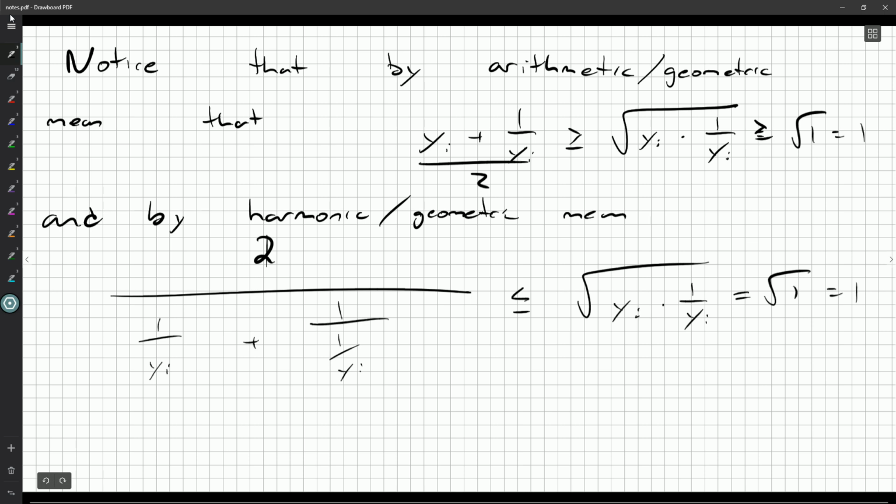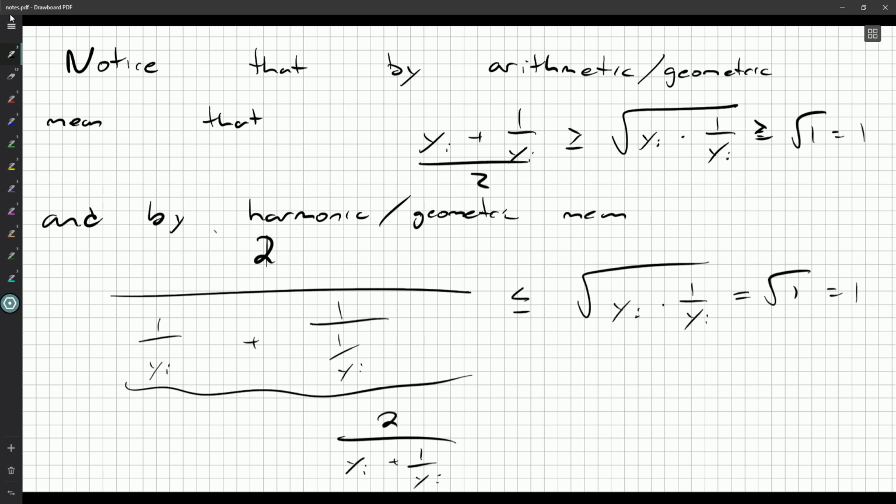Okay, we get this sort of an expression. But this over here is really just 2 over yi plus 1 over yi. Oh, no, never mind. I thought I had something interesting, but it turns out both of these just give me sort of a bare minimum for my expression. Okay, nothing I can really do with that.